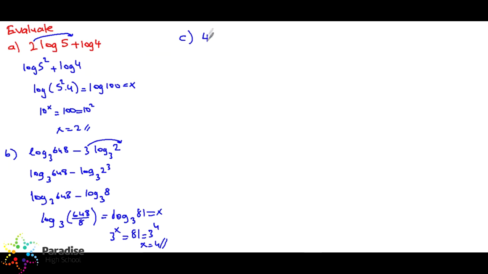4 logarithm 10 minus logarithm 80. Okay, again, what are the bases here? Bases are 10, but we have to get rid of the coefficient. Logarithm 10 to the power of 4, it comes as power, minus logarithm 80. So the same base, logarithm, then how do I contract them? 10 to the power of 4 divided by 80.